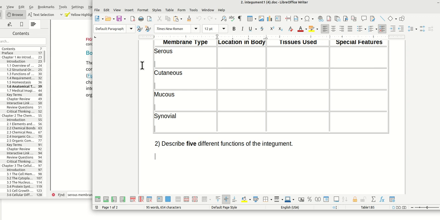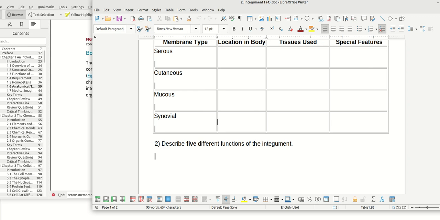Other places are here on the worksheets, and I'm trying to do the worksheets using the book. It's not perfect because the worksheets don't go with the PowerPoints or the book. To tell you the truth, they are completely separate from someplace else. So it's kind of hard to find everything exactly in the right order and all put together at the same place. These things are all over the place.